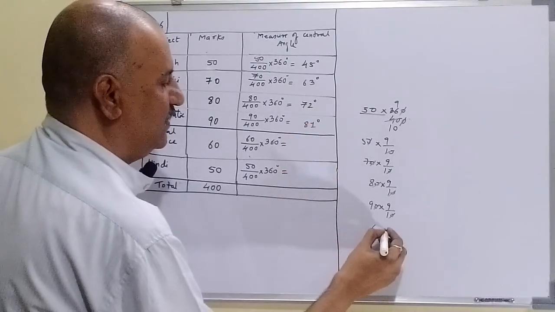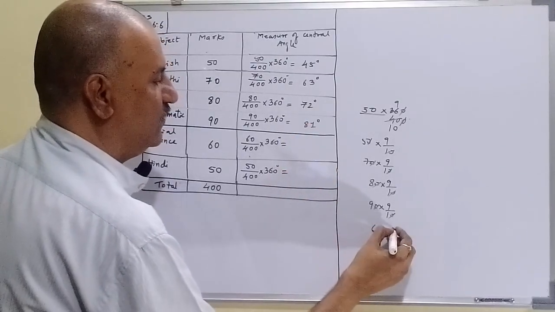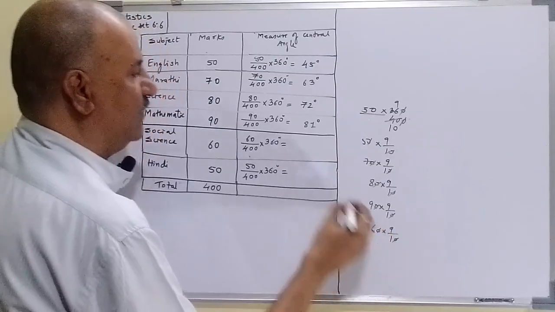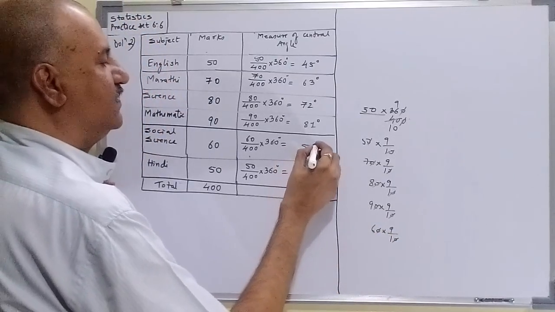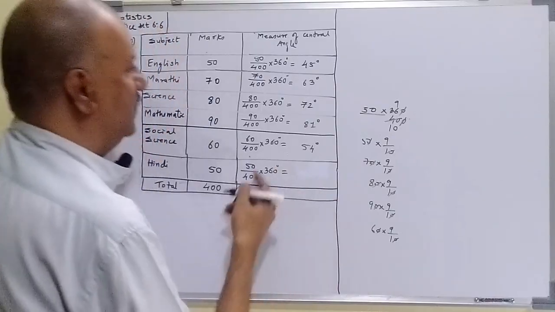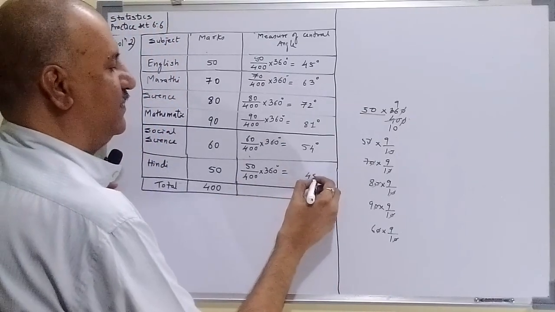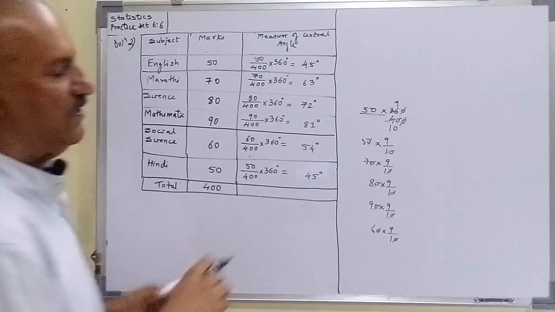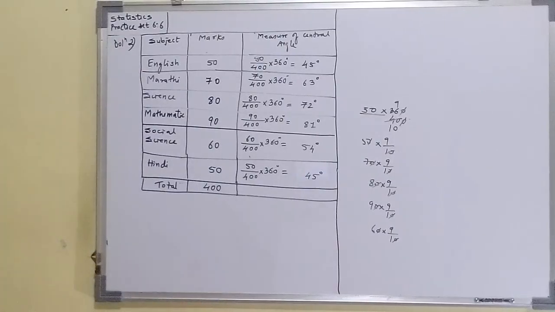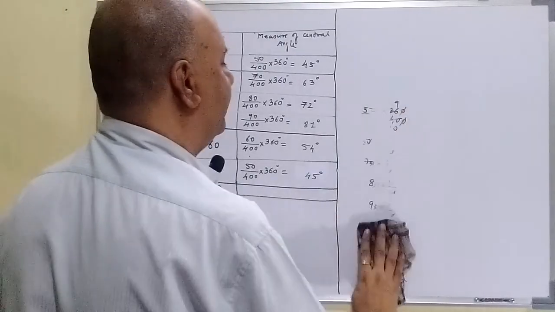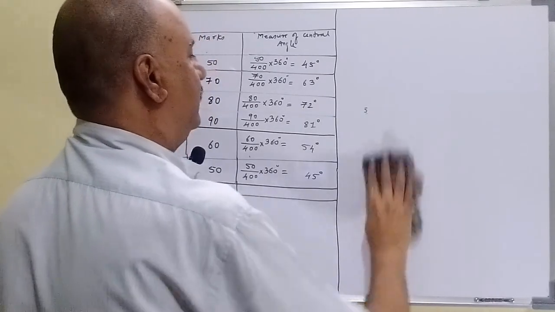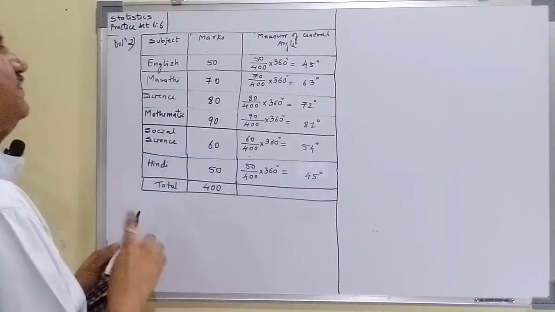Then we have 60 into 9 upon 10. 6 9s are 54 degrees. Same, 45 degrees. This together should give you 360. This entire must be 360.